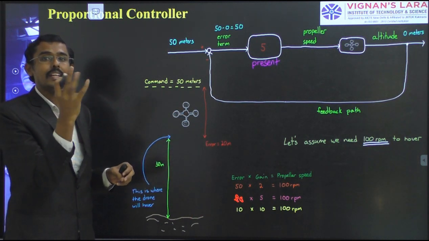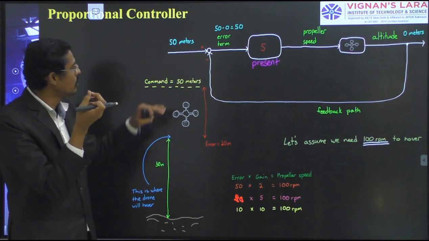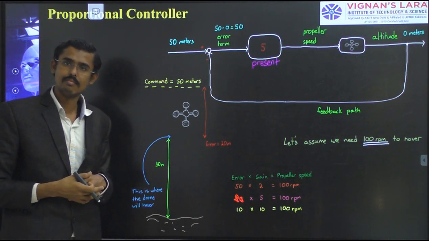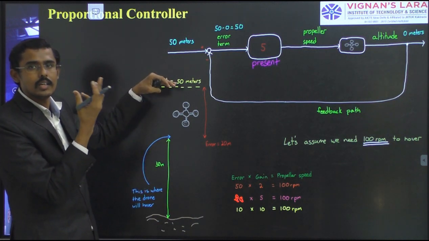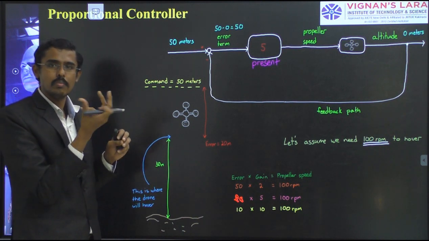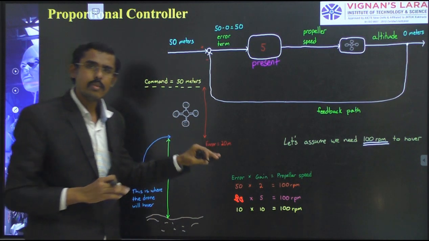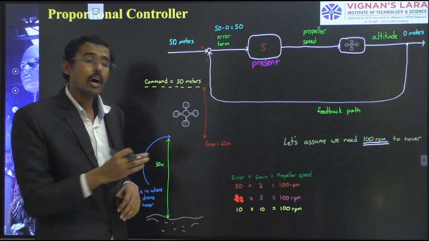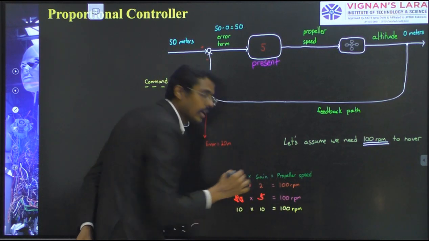But I have to maintain rotating. The error is not 0 because I want to rotate at 100 RPM. Then only it is stable there. It should rotate, then only that drone will be stable, like the camera drones rotating there. So I want to make it 100 RPM again. How do I do that? This 20 multiplied by 5, I get 100 RPM again.